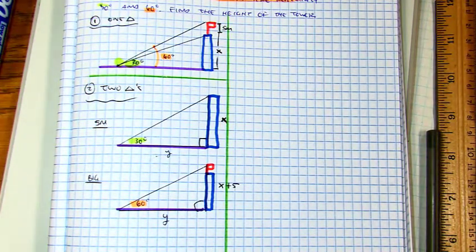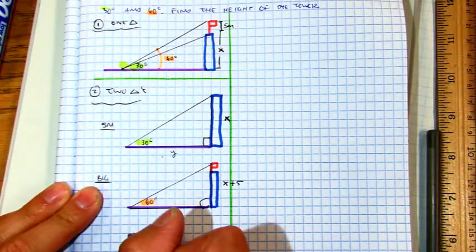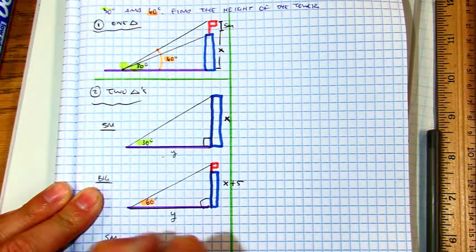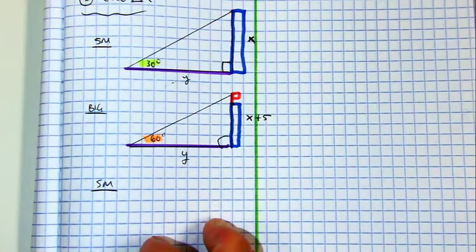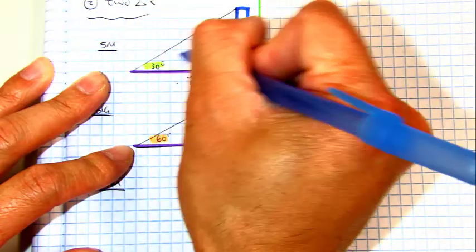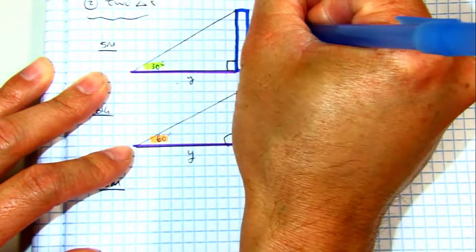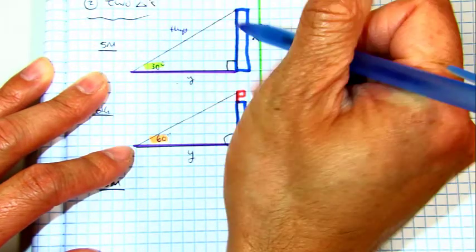Systems of linear equations. So let's go ahead and make an equation for our small triangle. From this angle, class, you have which sides? Opposite and hypotenuse, and then this one is the adjacent.